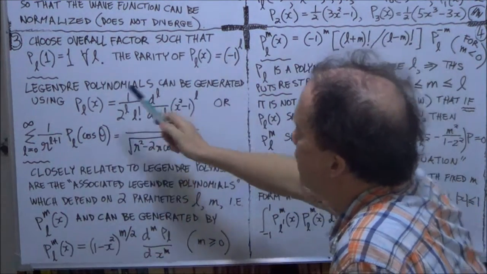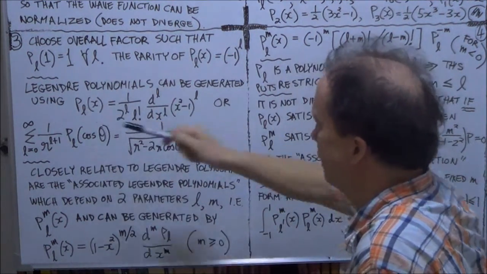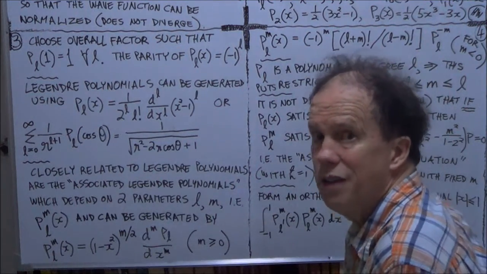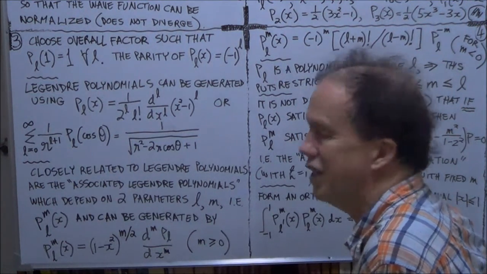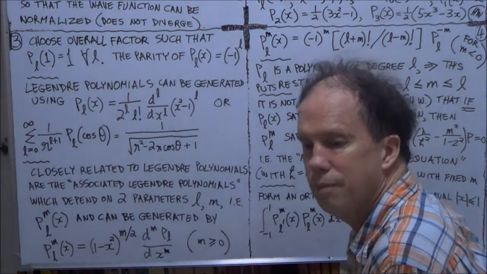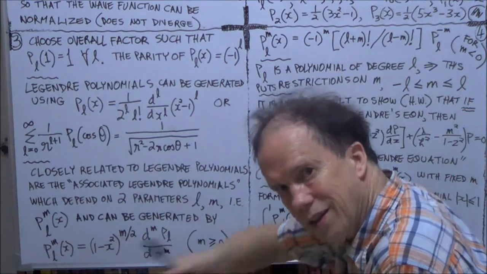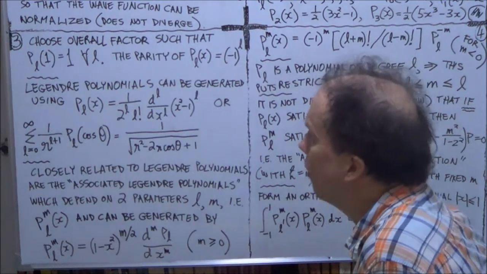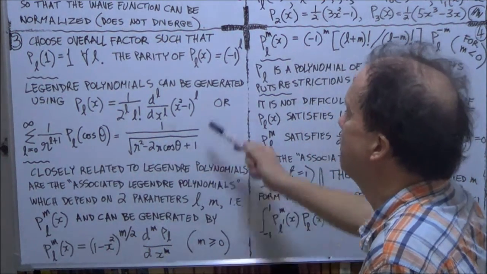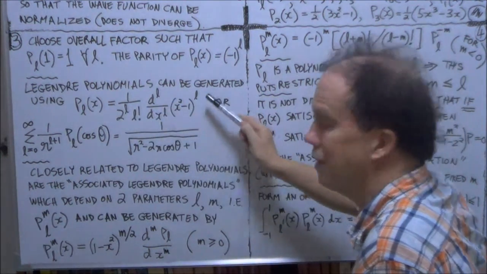Now these polynomials can be generated. There's a generator, some mathematical device that cranks out the values of the Legendre polynomials, and like I say, it's just thrown at you.